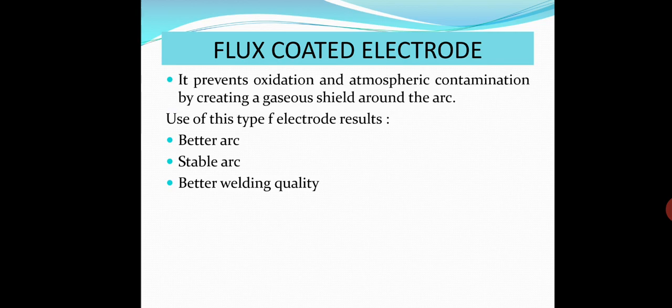Next is the flux coated electrode, which is used universally. It prevents oxidation and atmospheric contamination by creating a gaseous shield around the work. Use of this type of electrode results in a better, stable arc and better welding quality, which were the disadvantages of the bare electrode.